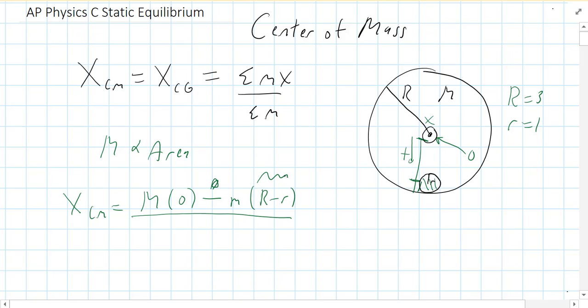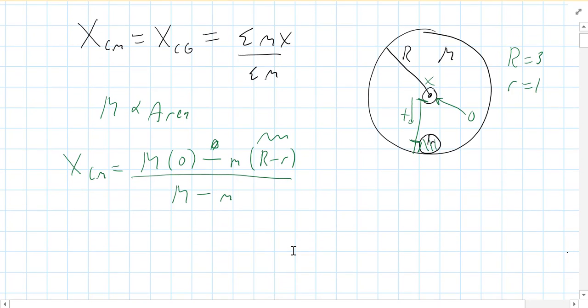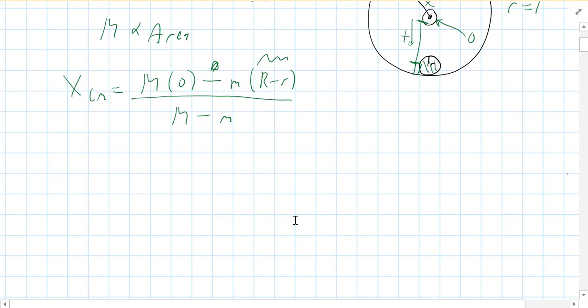So you would have another negative in there, but we're not going to worry about that. And then divided by the mass of the merry-go-round, and then minus the mass of the hole, okay, that we've taken away.